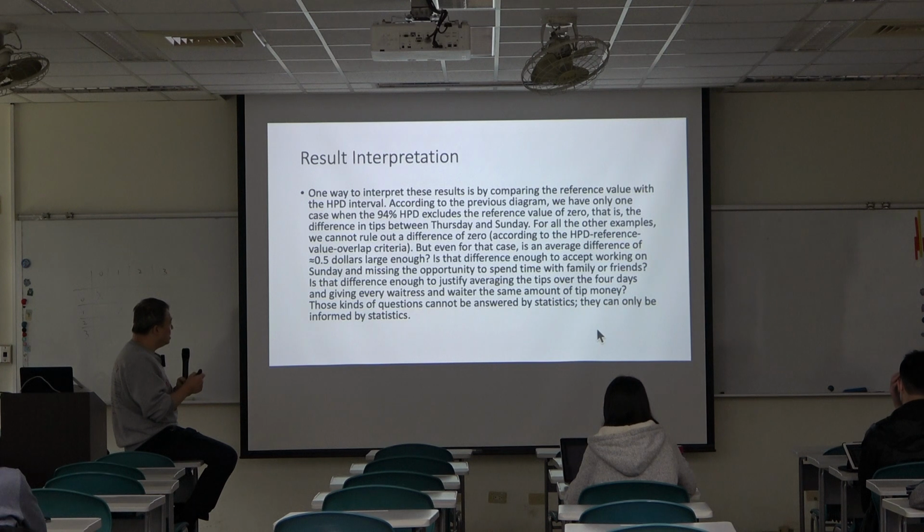Is that difference enough to accept working on Sunday, missing the opportunity to spend time with family? Is that difference enough to justify averaging the tip over the 4 days and giving every waitress and waiter the same amount of tips money?